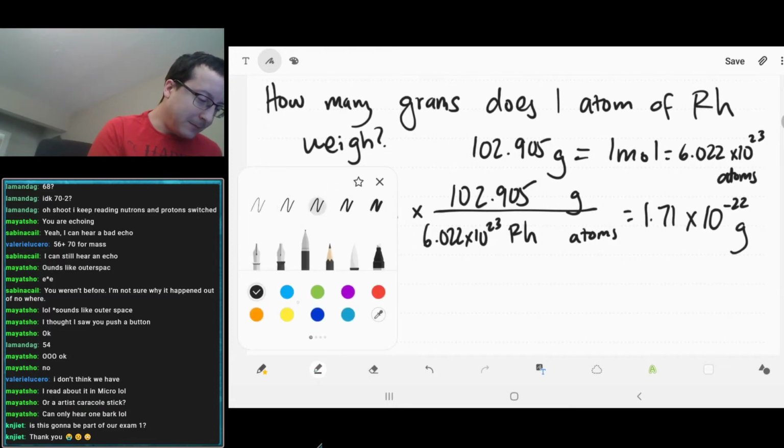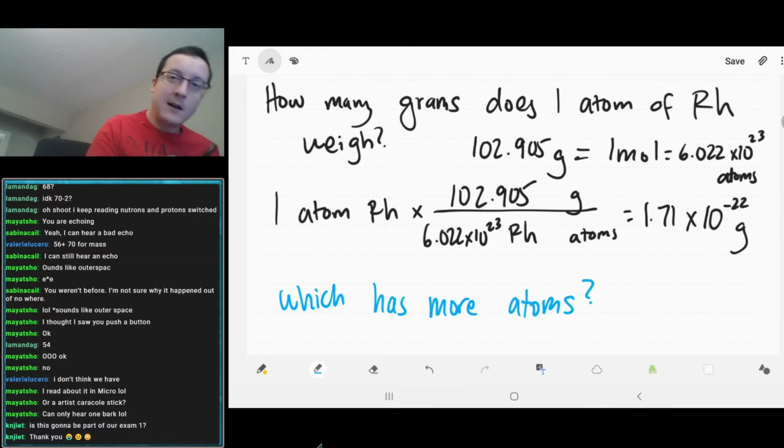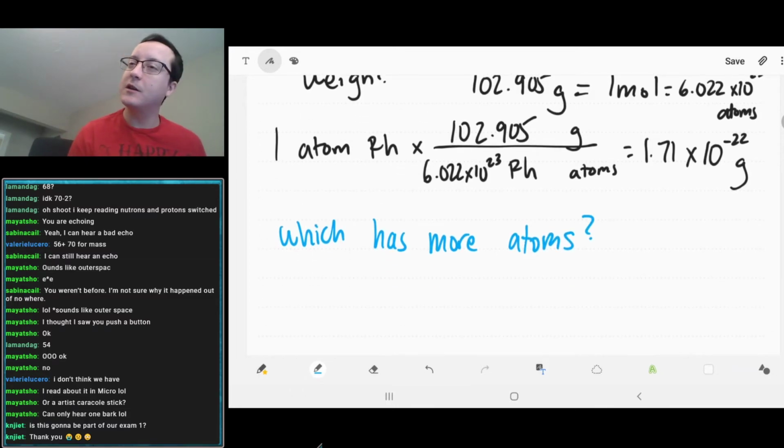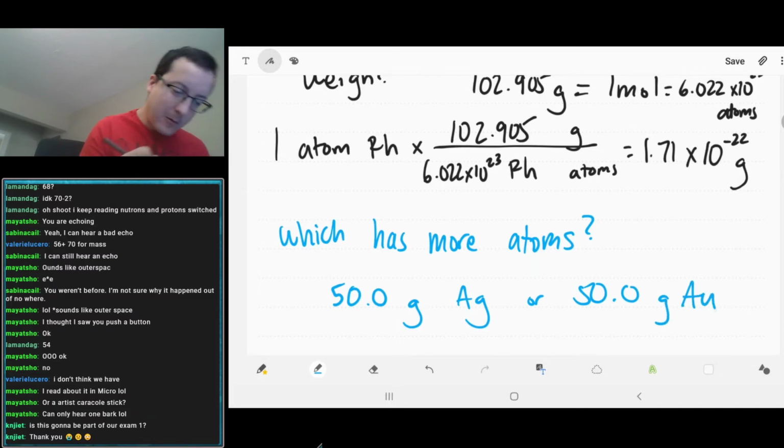So of these two, which one has more atoms? 50 grams of silver or 50 grams of gold?